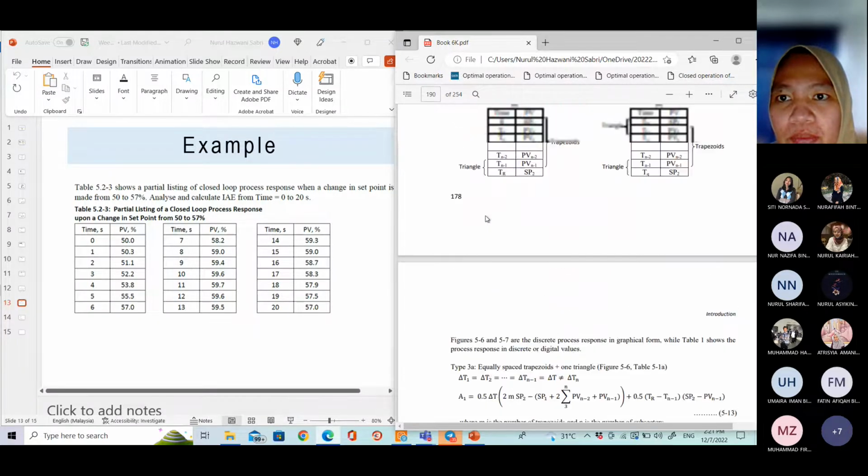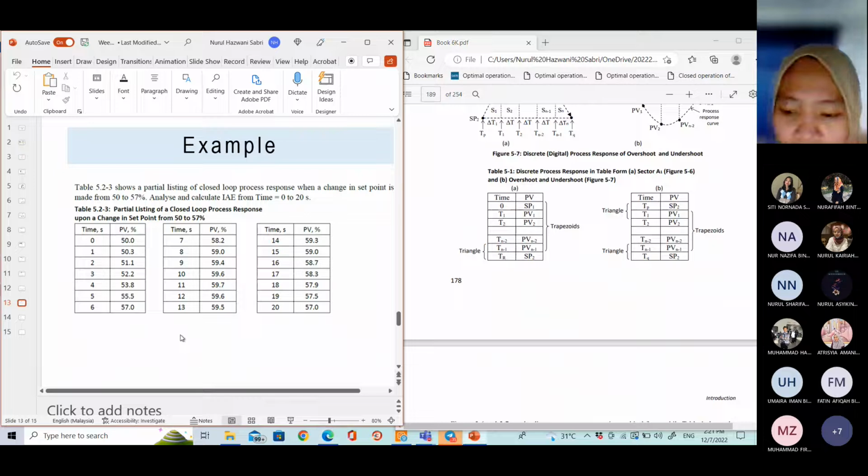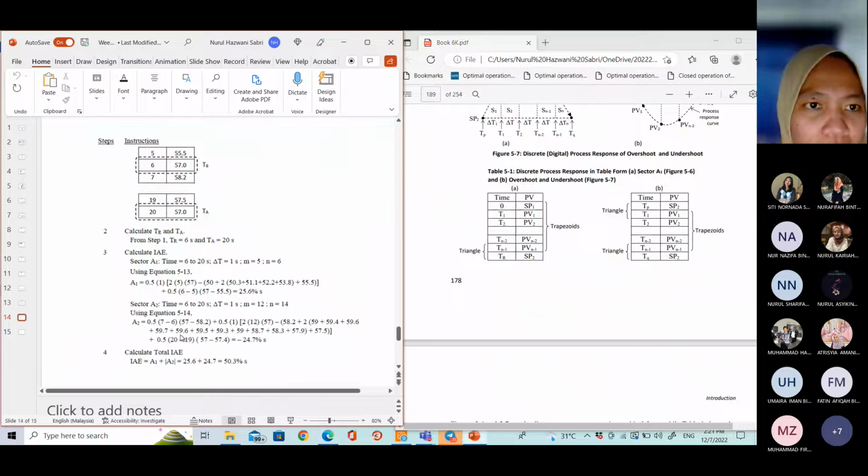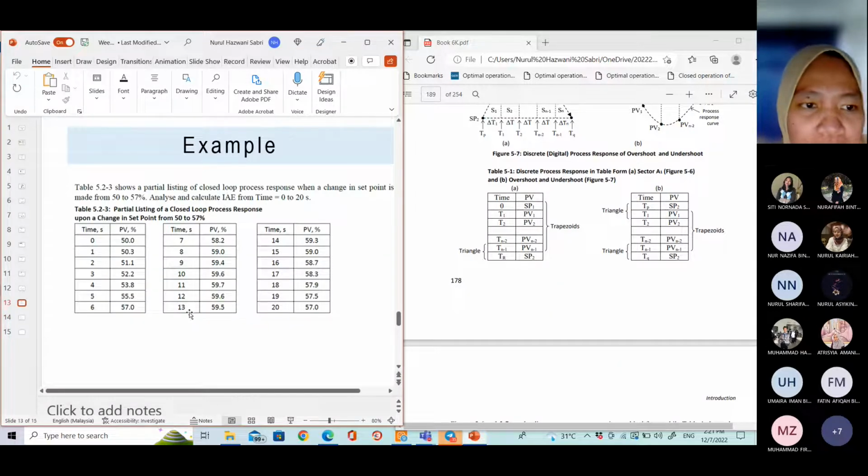So now what we are going to do is, you already know where your set point is reached. That means there are two places, which are at 6 seconds and 20 seconds based on this data. This one and this one. You can also imagine the shape of the curve already.